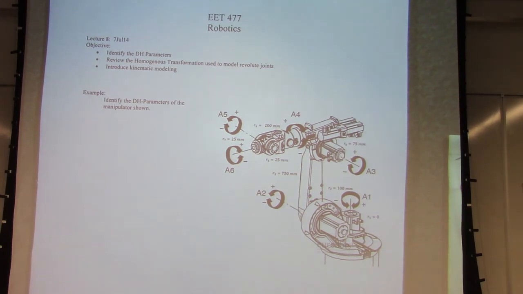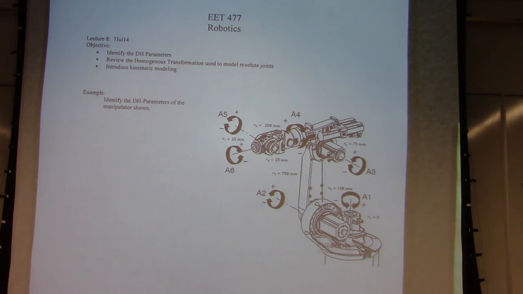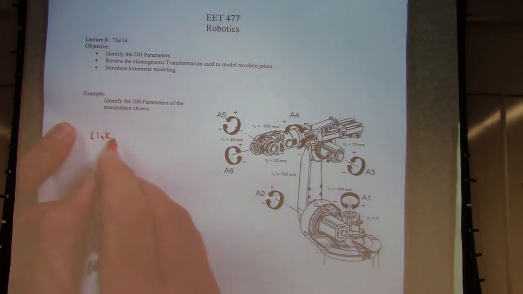So what are the 3 parameters we're going to be identifying for each joint link pair? The link twist. The link length. And the joint angle.